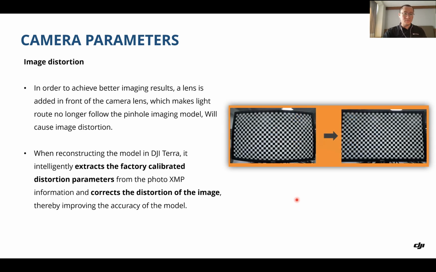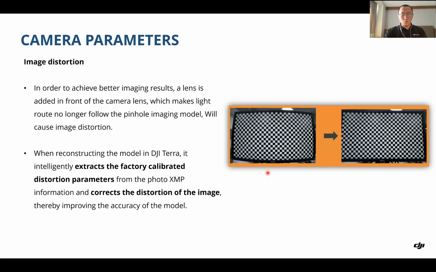Another parameter is the image distortion. In order to achieve better imaging results, a lens is added in front of the camera lens, which makes the light no longer follow the pinhole imaging model and causes image distortion, as shown on the left page.